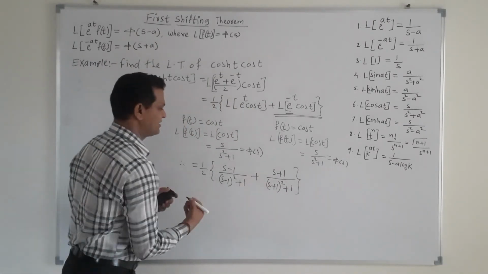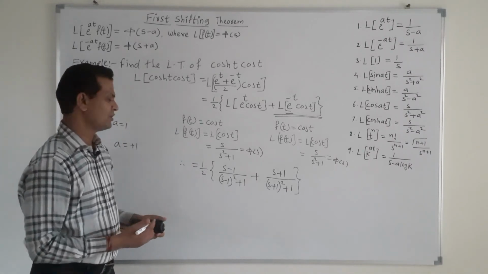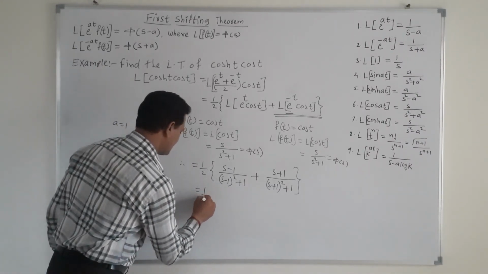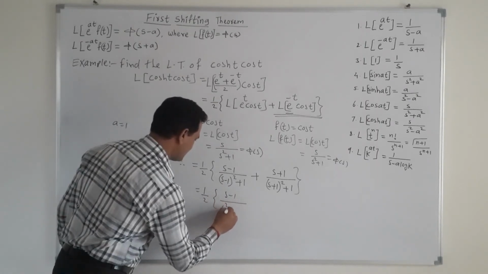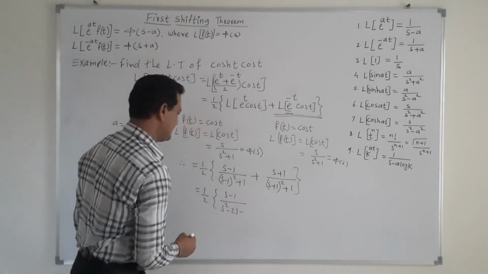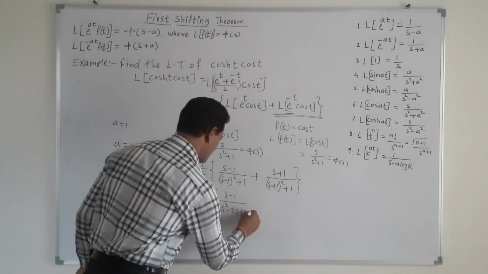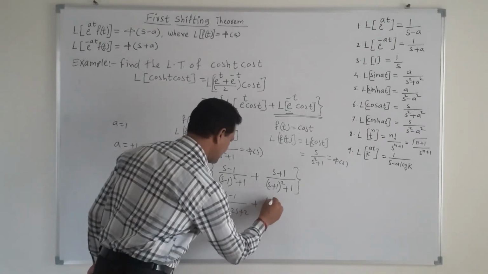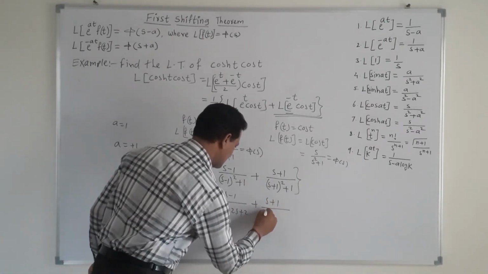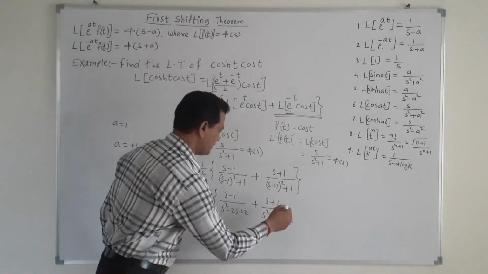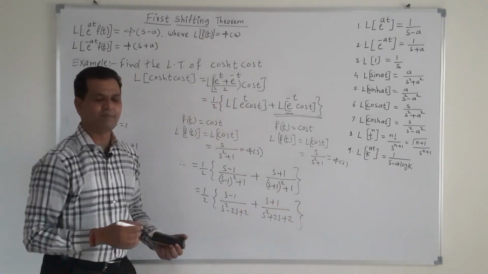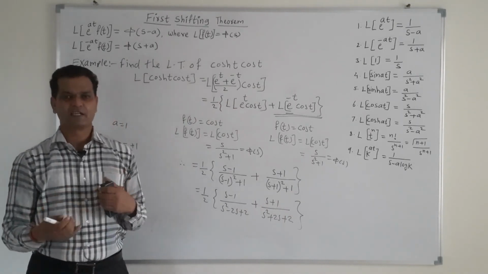Just simplify this term and we get the final solution: 1 upon 2, then s minus 1 upon s square minus 2s plus 2, plus s plus 1 upon s square plus 2s plus 2. In this way we get the solution of the example.